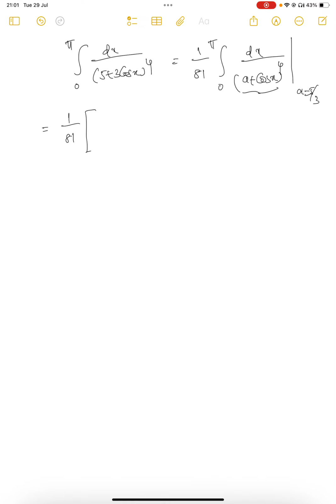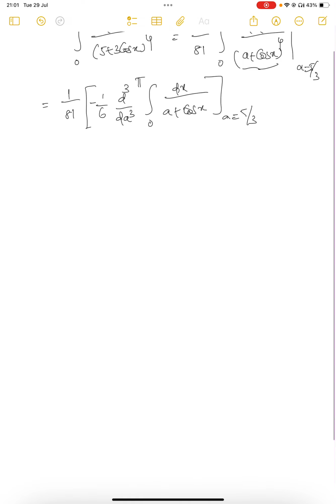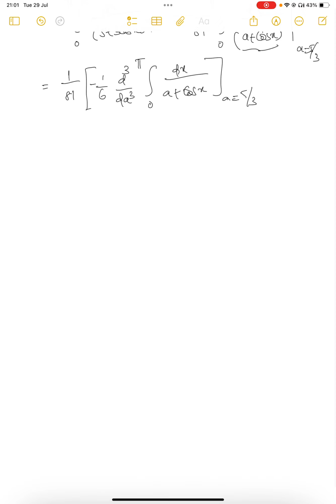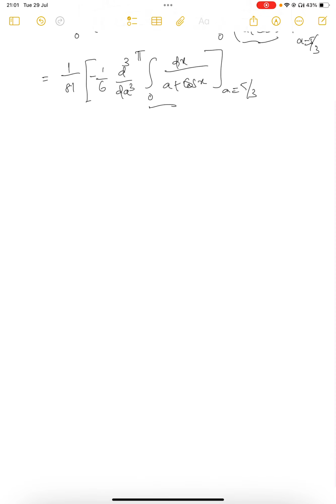Similarly, if it is (a plus cos x) power 4, then it might have got derived 3 times. Integral 0 to pi dx by a plus cos x, here a is 5 by 3. Fine, so let us calculate this integral.